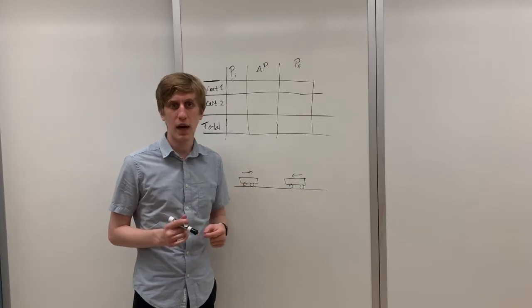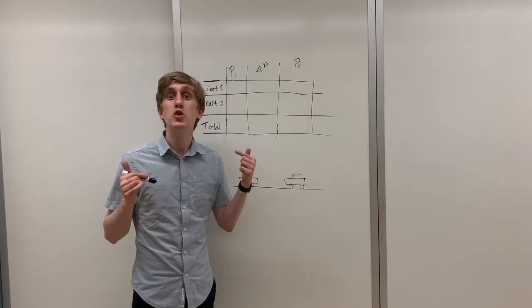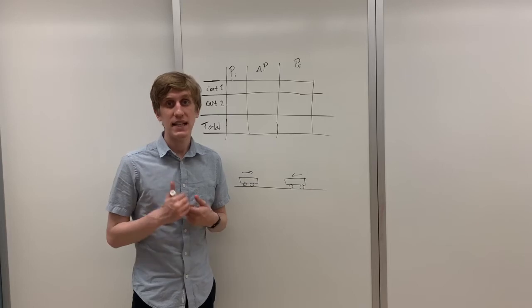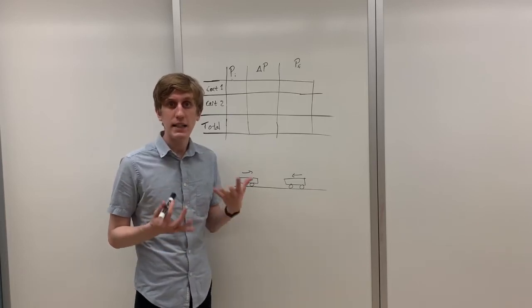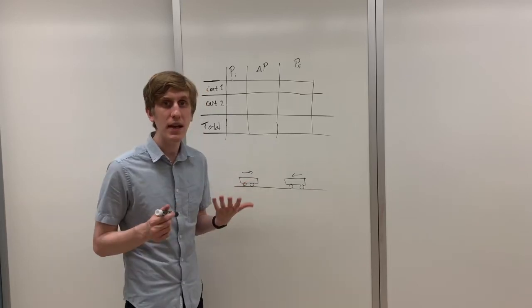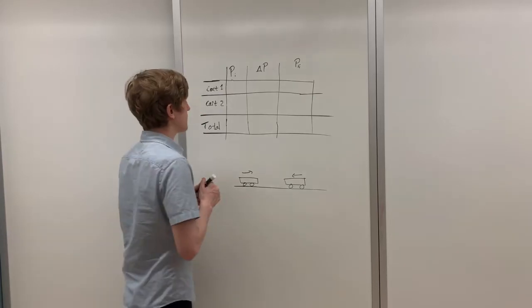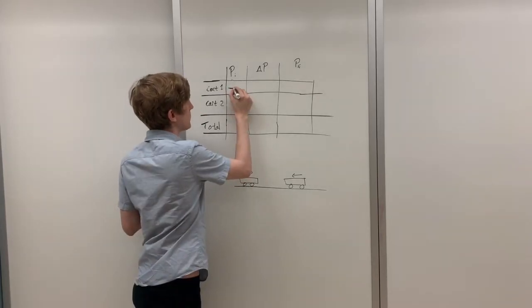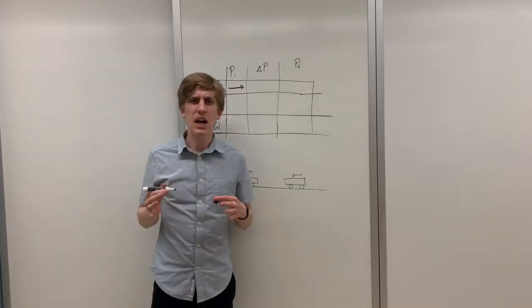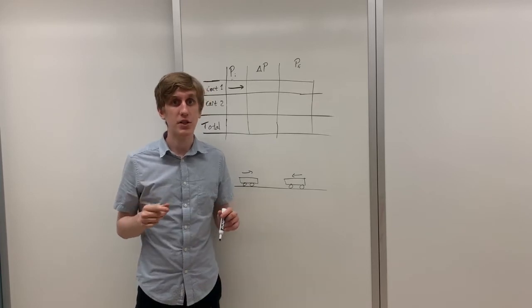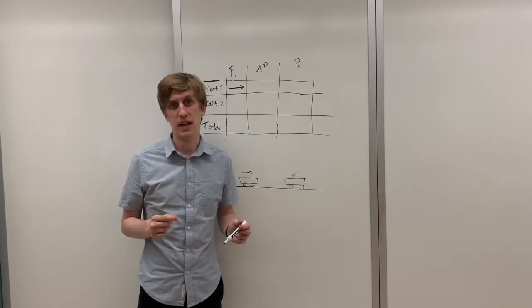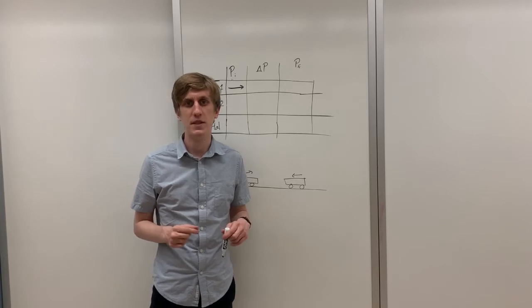However, because they're traveling in opposite directions, the direction of their momentums is different. Since cart 1 is moving to the right, it has a momentum vector that looks like this. Because cart 2 has the same amount of momentum, but is traveling in the opposite direction, its momentum vector looks exactly like the momentum vector of cart 1, just pointing in the opposite direction.